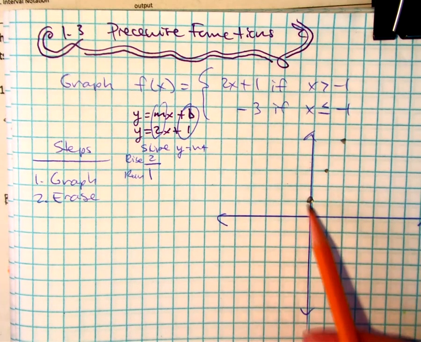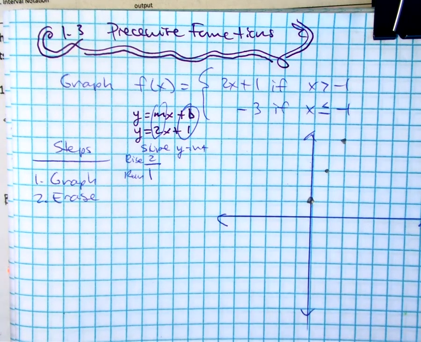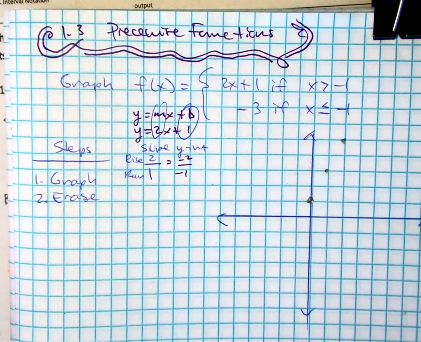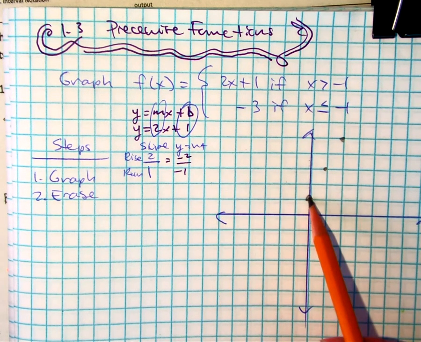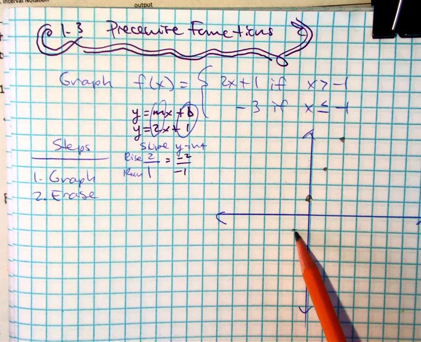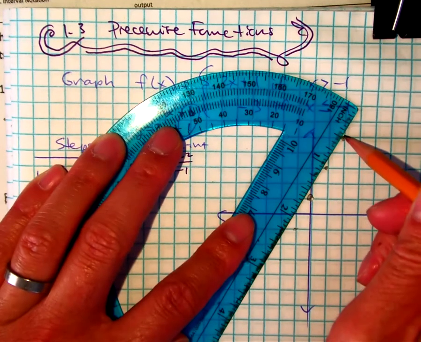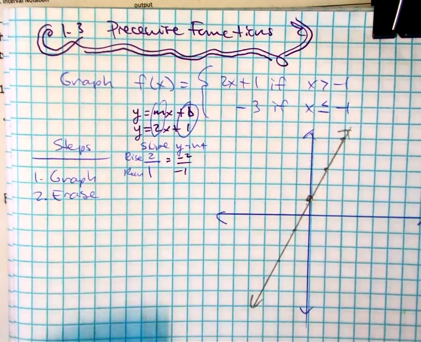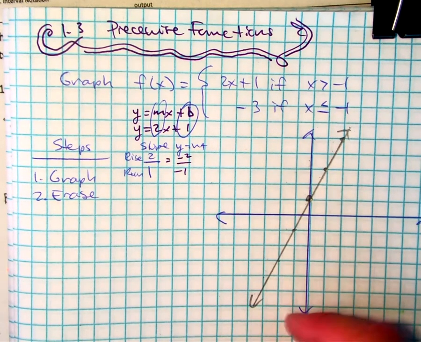Now, if you ever want to go in this direction just to make sure your line is straight, you can also write that as -2 over -1, because a negative divided by a negative is a positive. So that would be down 2, left 1. Down 2, left 1. This is the graph of y equals 2x plus 1.